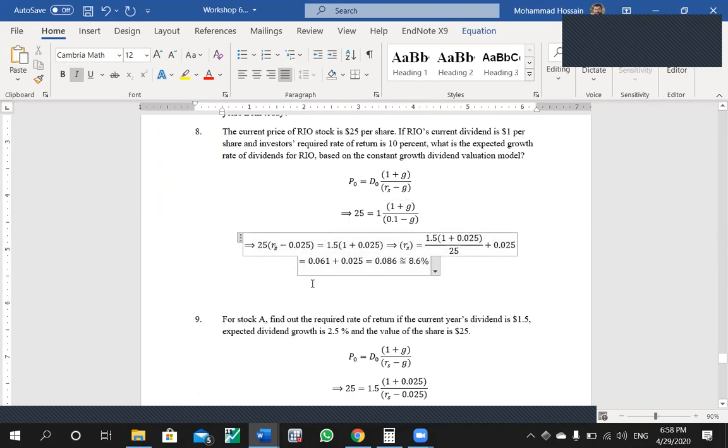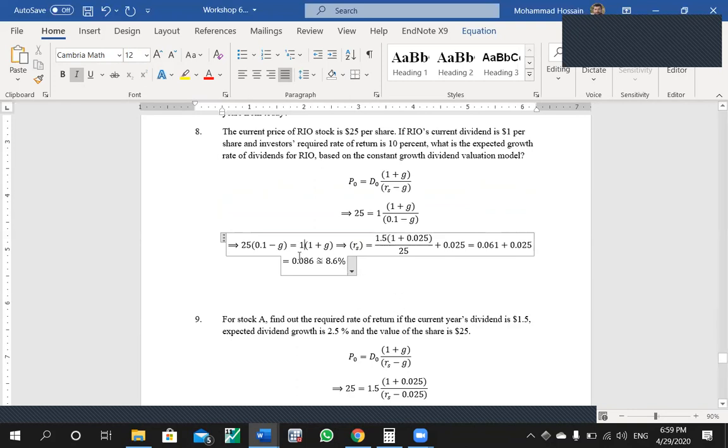It will be 0.1, 10%, minus G. And your dividend is different this time. It is not 1.5, it will be just 1.